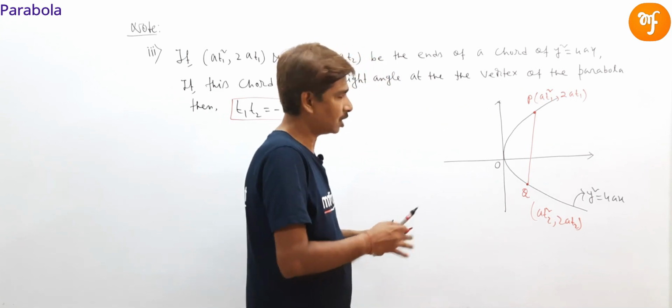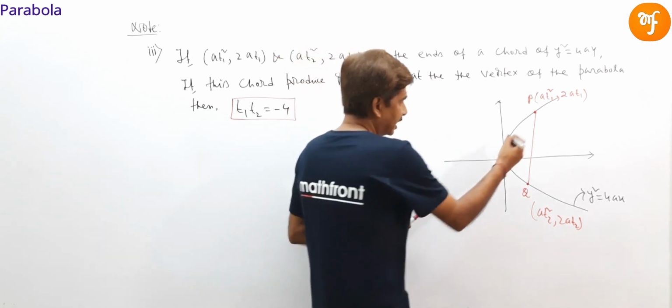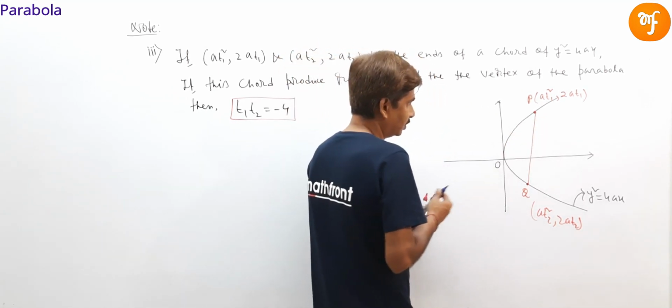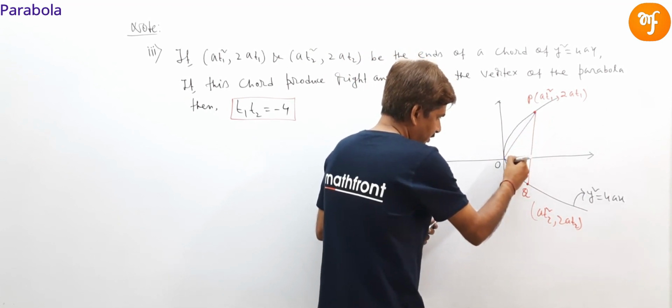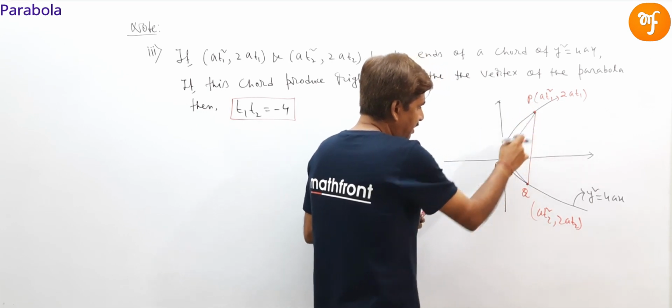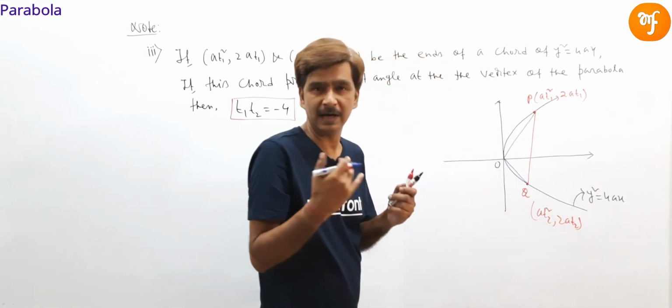Now if this chord PQ subtends a right angle at the vertex, that is the angle POQ is equal to 90 degrees.